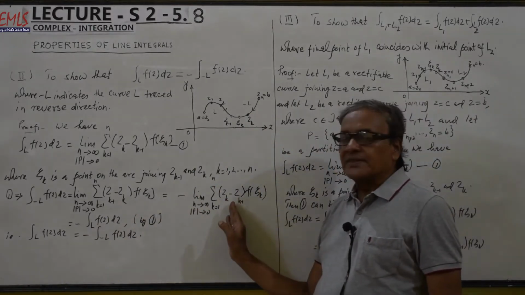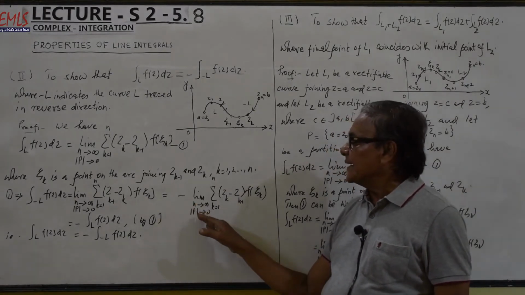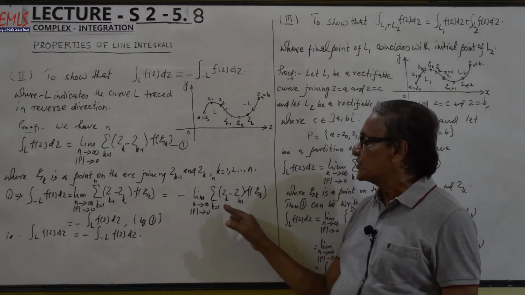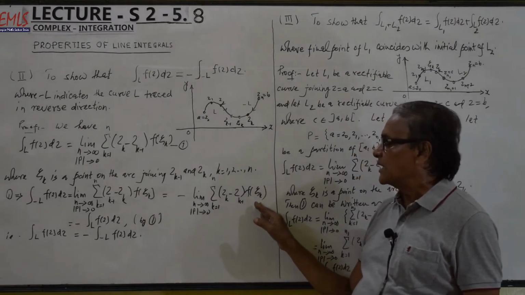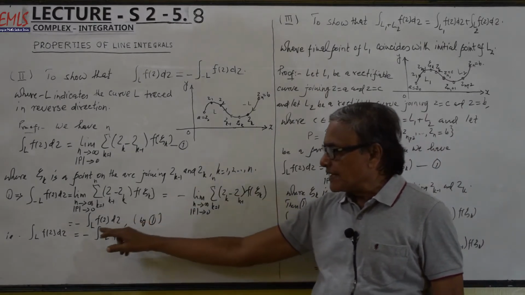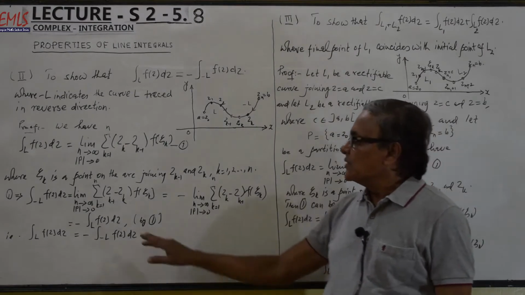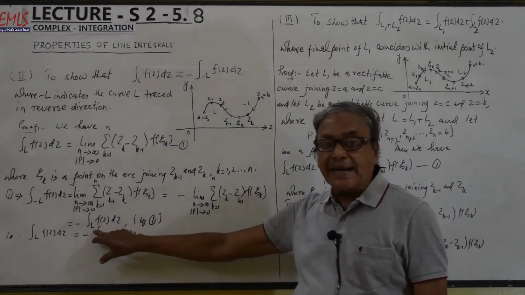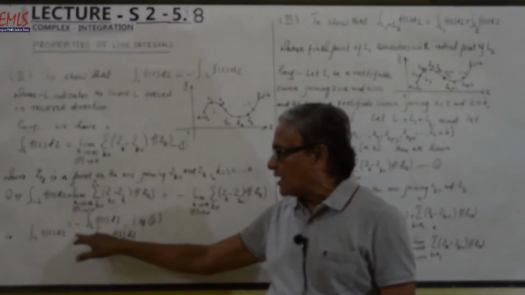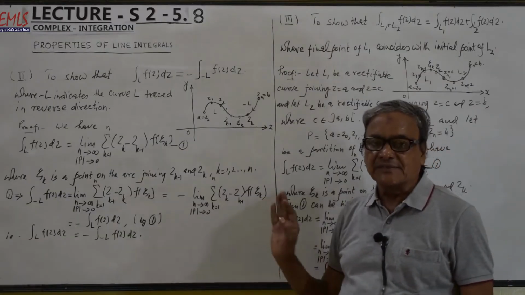Taking out minus common from this term, this will be equal to minus times limit n tending to infinity, norm p tending to 0, sigma (zk minus zk-1) f(xi k), and from 1 this is integral over L f(z) dz. So integral over L f(z) dz will be minus times integral over minus L f(z) dz.